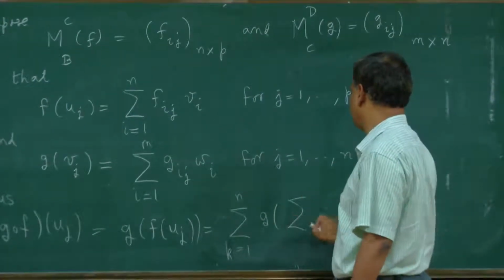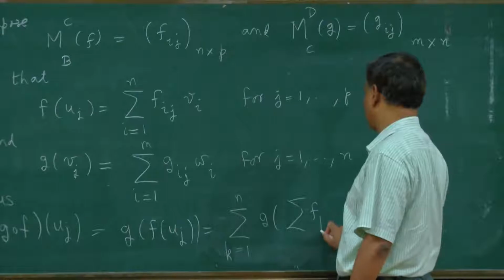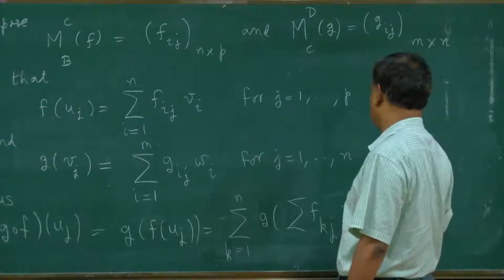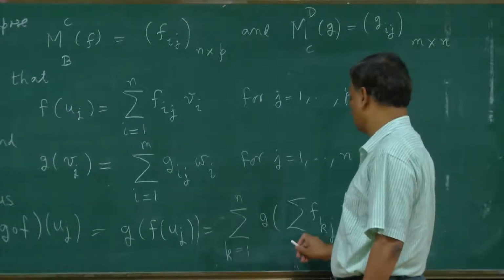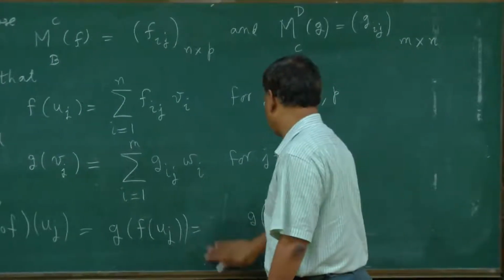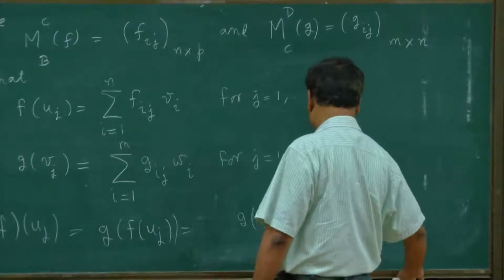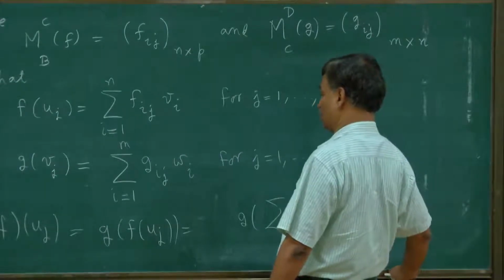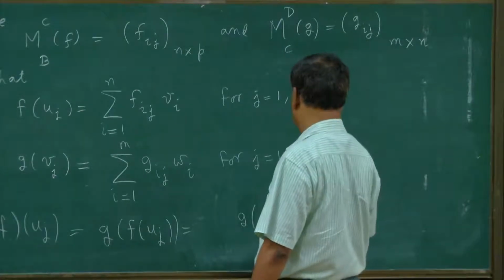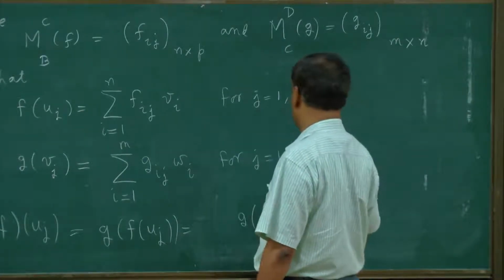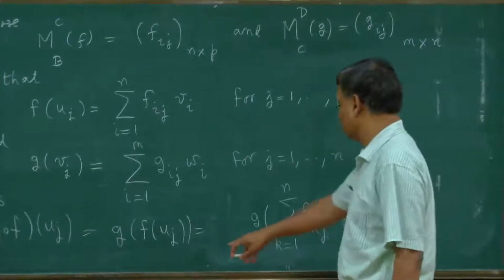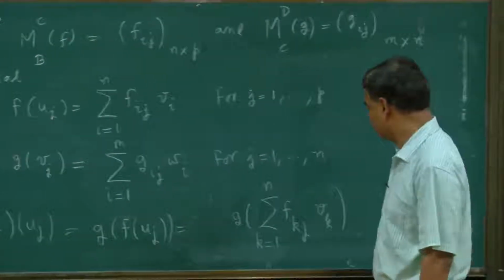F of Uj is the summation of F, now this I have called K, J, Vk, correct? Oh, something is wrong. Let us see, G of F of Uj. So this is G of the summation with K going from 1 to n. Very good, because F of Uj is that, right?